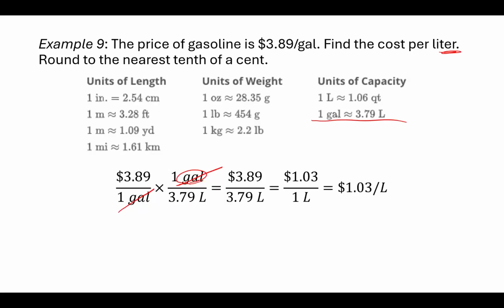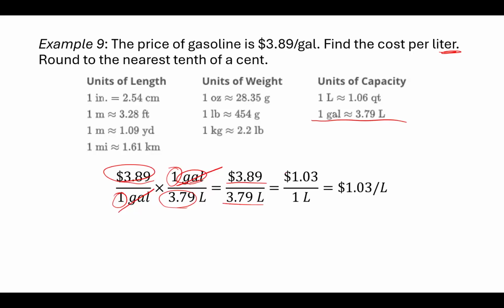And then the letters would go on the bottom. So the remaining numbers are 3.89, which is here, multiplied by 1, but the 1 doesn't change it. And then I have a 1 and a 3.79, so you can multiply those two. You get the same thing, 3.79. And this is now your conversion. Now it's going to be dollars per liter.